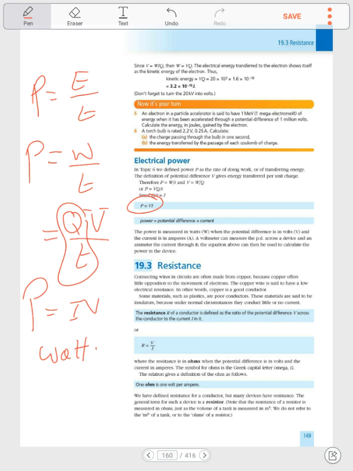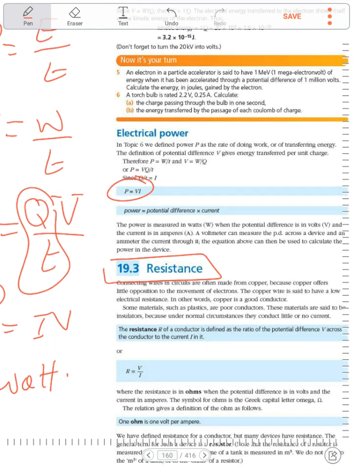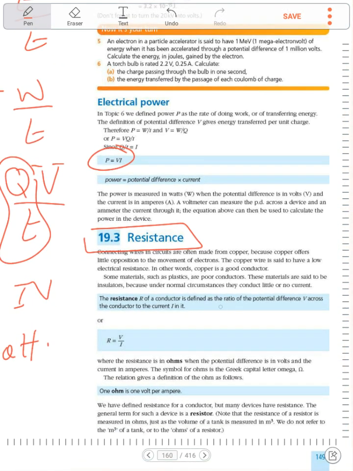Now, let's start talking about the resistance. The resistance R of a conductor is defined as the ratio of potential difference across the conductor to the current I. So I take the ratio between voltage and current, and I can find the value of the resistance.